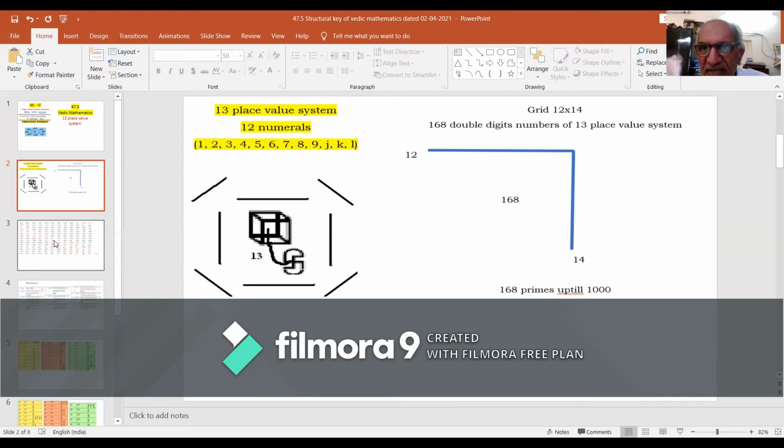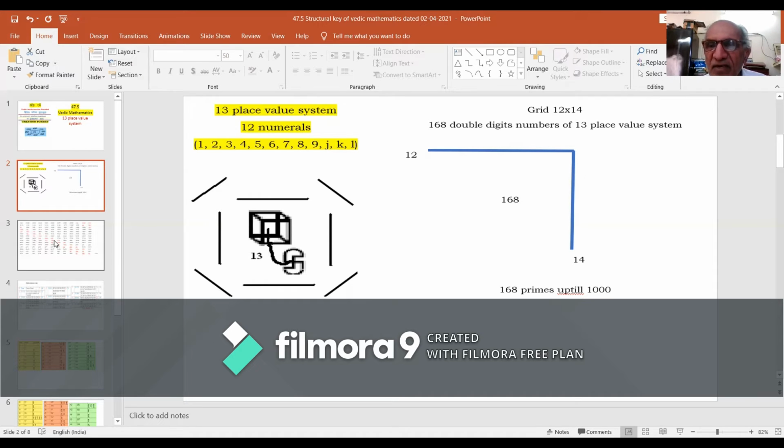On the computer screen is the outline for the grid 12 cross 14, which accommodates all 168 double-digit numbers of the 13 place value system. It will be blissful to take note that there are precisely 168 primes till 1000.